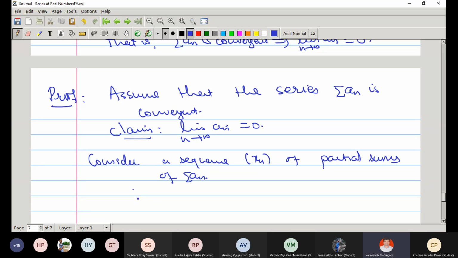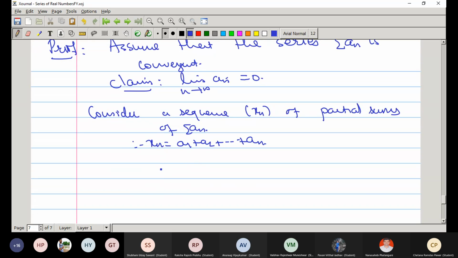So therefore, xn is equal to a1 plus a2 plus up to an. Right? So xn is the sequence of partial sums, and therefore, can we say that xn is convergent?